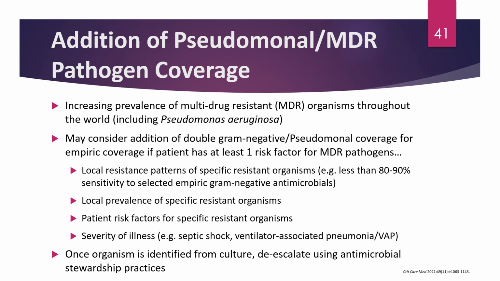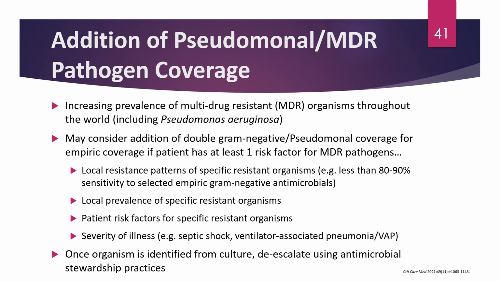Also, local prevalence of specific resistant organisms, the patient's risk factors for those specific organisms, then that will depend on the bug that you're looking at and the severity of illness. So if your patient has sepsis, particularly septic shock, you might want to broaden your coverage.